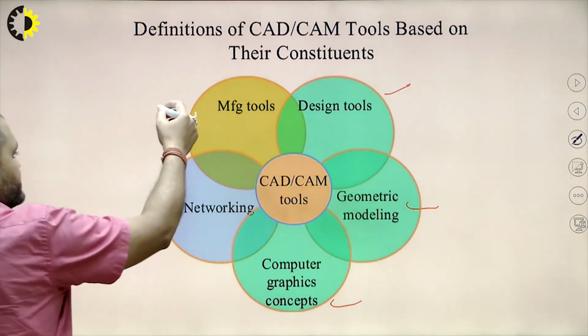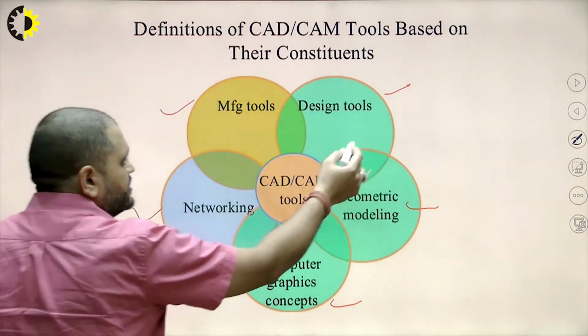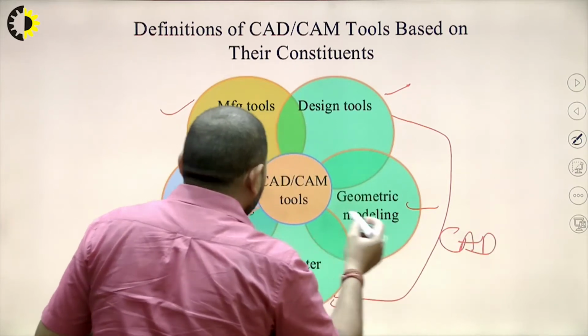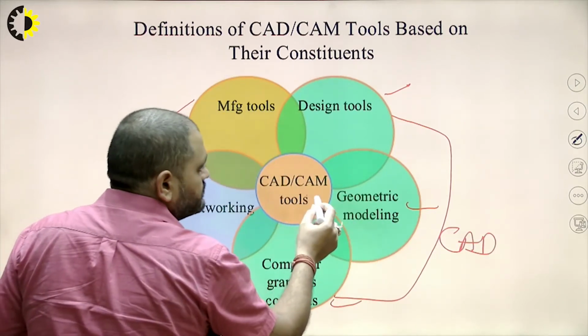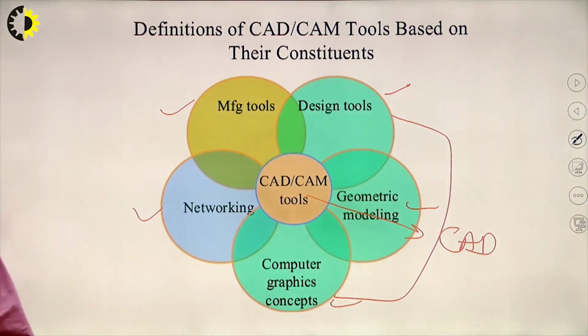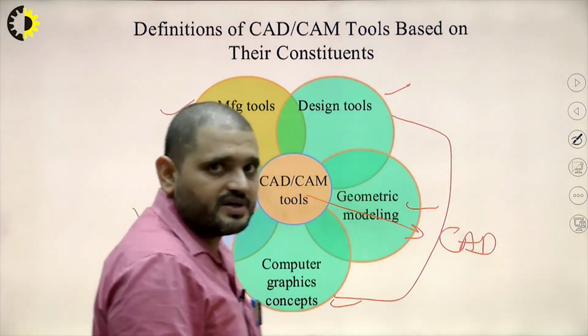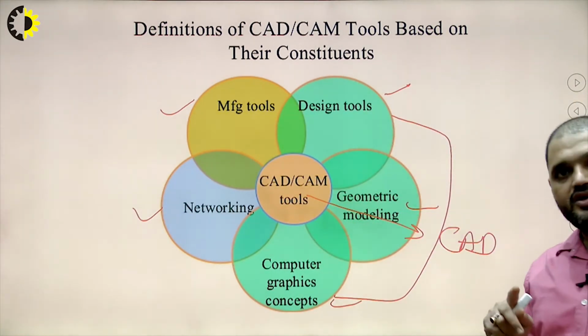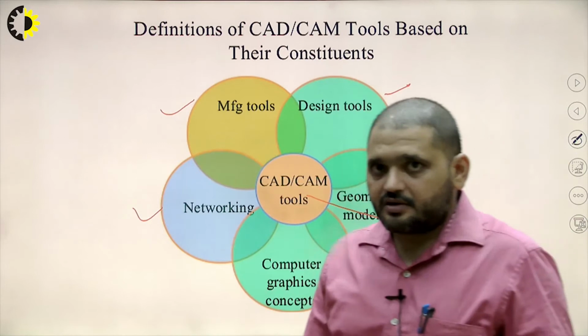That is manufacturing and networking. So these three make CAD, which was the third tool of CAM. So clubbing these tools, we get these five tools for CAD/CAM purpose, that is manufacturing tools, design tools, geometric modeling, computer graphics concept, and networking. Okay.